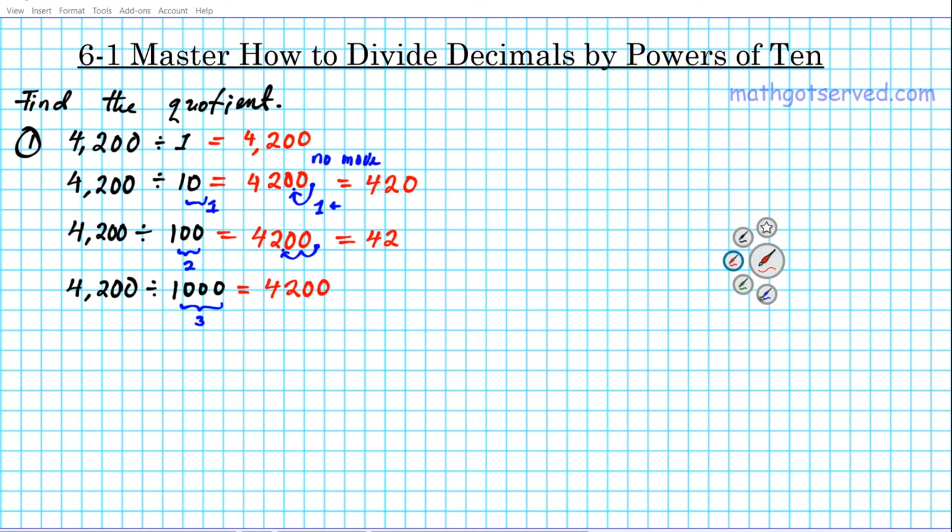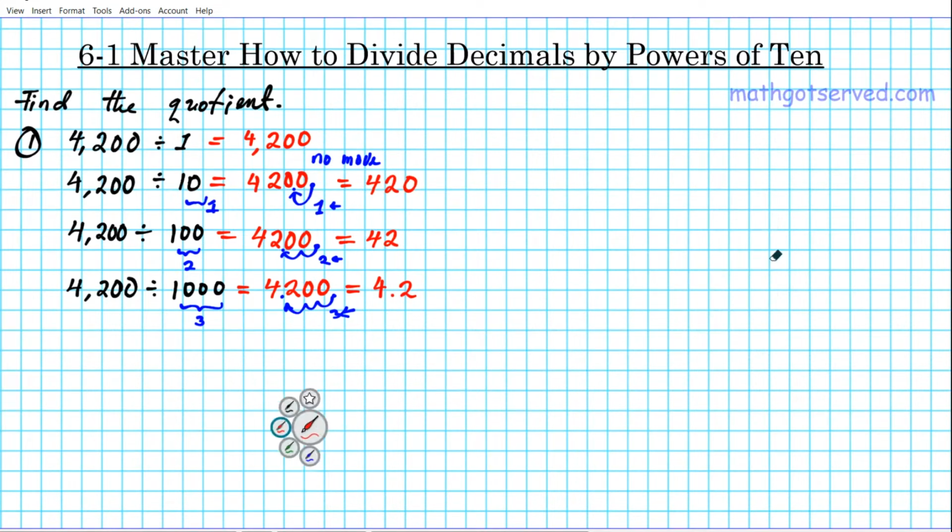The decimal point starts right here, and we're going to move it 3 places to the left. 1, 2, 3. Because there are 3 zeros, 3 places to the left. That's where our decimal point will be positioned, right behind the 4. The answer will be 4.200, or we can just write it as 4.2. Bam.